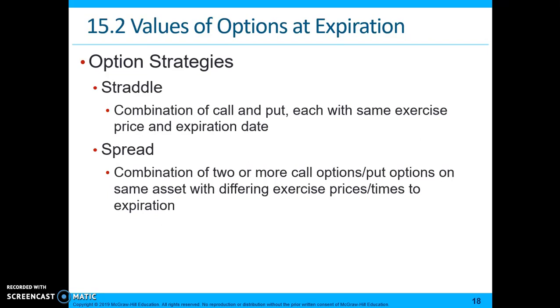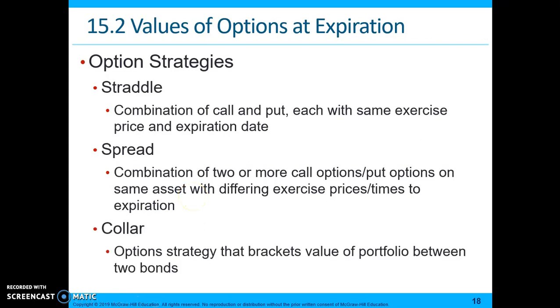The time to expiration can vary as well, but in the problems we'll look at, the expiration will be the same. A collar is simply an option strategy that brackets the value of a portfolio between two bounds.